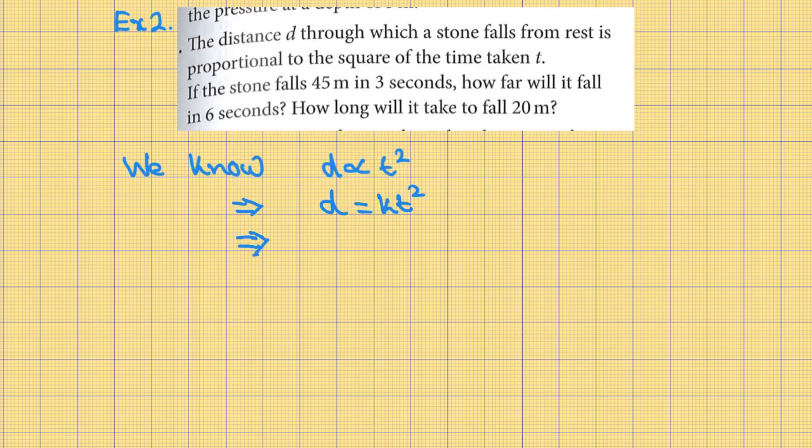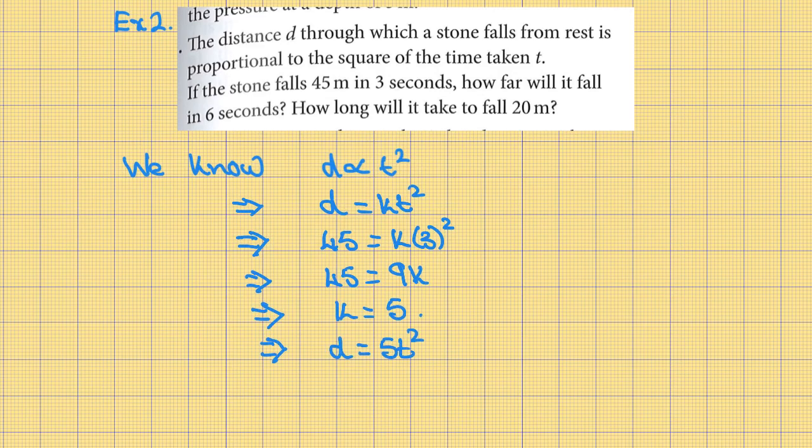Substituting in the values, d is 45 when t is 3. Therefore, 45 equals k times 3 squared. Therefore, 45 equals 9k. Therefore, k equals 5. Therefore, we have the equation d equals 5t squared.